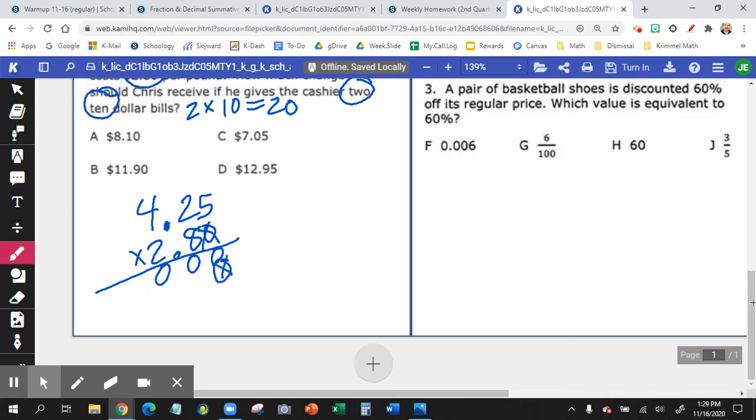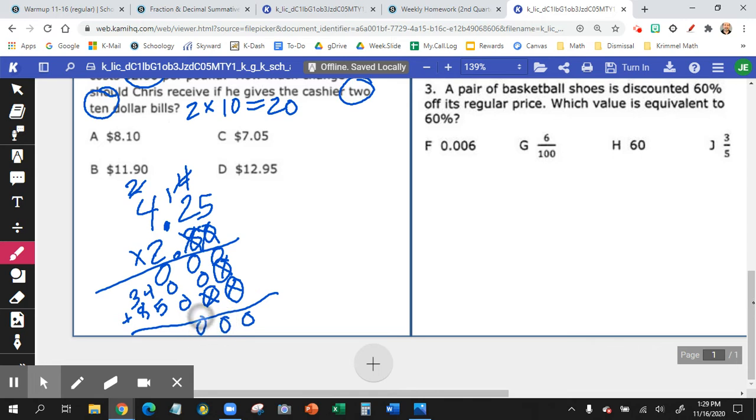Placeholder, placeholder. 8 times 5 is 40. 8 times 2 is 16, plus 4 is 20. And then 8 times 4 is 32, 33, 34. We're done multiplying the 8, so we're going to cross out there, and we already crossed out the first spot. So now we've got 2 times 5 is 10. 2 times 2 is 4, plus 1 is 5, and then 2 times 4 is going to be 8.